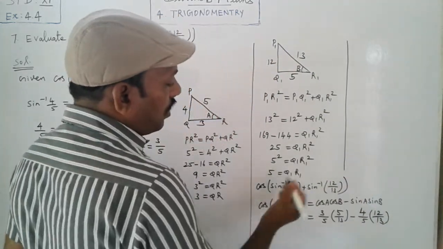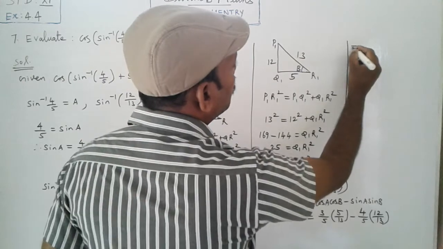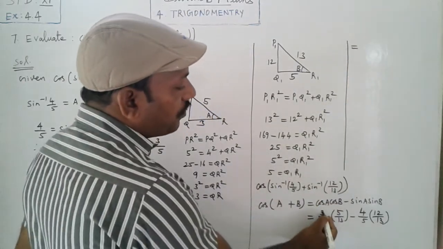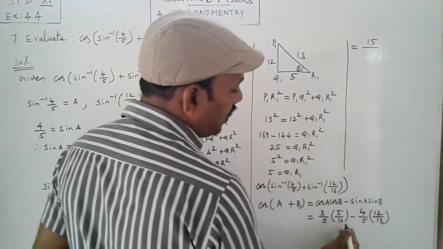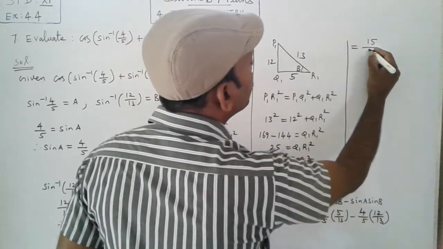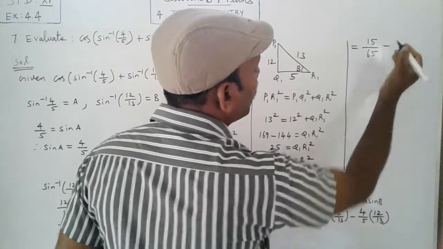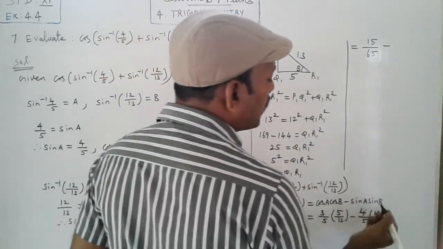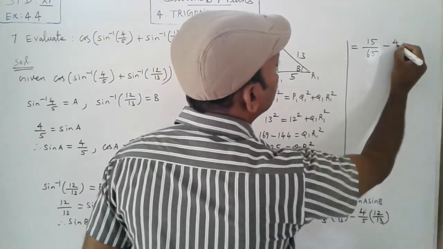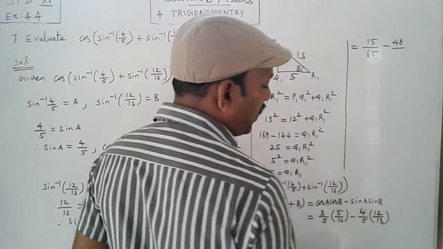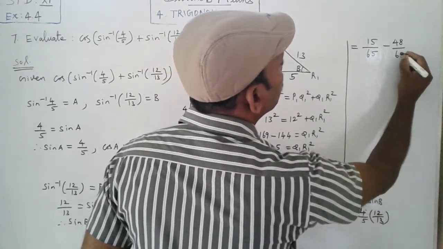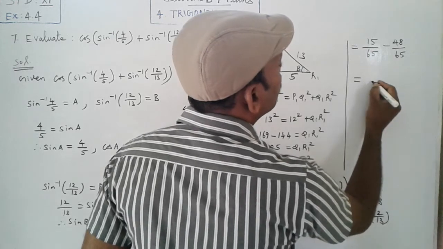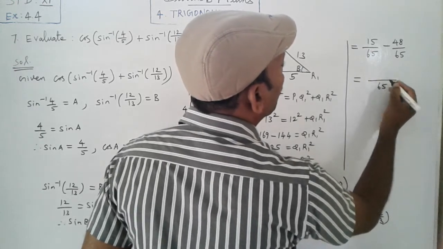Next, that is equal to 3 fives are 15 divided by 5 into 13 is 65, minus 4 twelves are 48 divided by 5 into 13 is 65. So 65 is the LCM.